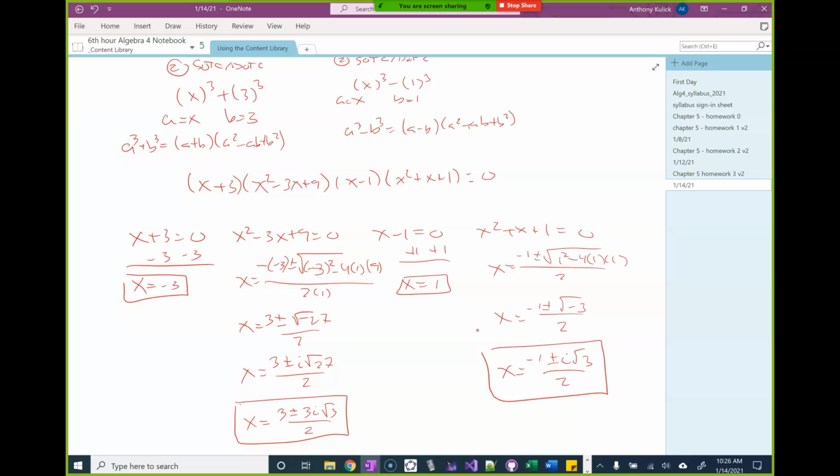A couple of things I want to point out that we maybe noticed while doing these last couple of examples. When we've had to use the quadratic formula to solve the quadratics left over from the sum or difference of two cubes, notice every time we've got an imaginary answer. That's always going to happen. So if you have to use the quadratic formula on one of these quadratics from the sum or difference of two cubes, you should be getting imaginary solutions.